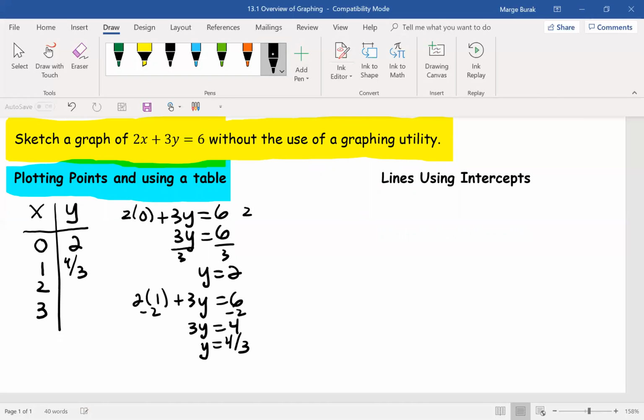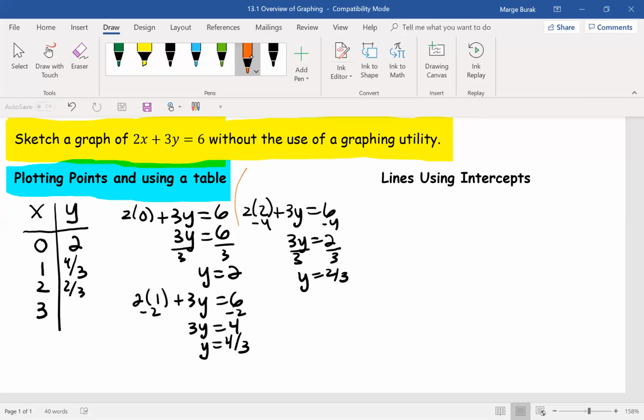Let's try 2. 2 times 2 plus 3y equals 6, minus 4 from both sides, 3y equals, here's another fraction. Okay, I'm not liking this, my favorite. So, well, let me separate these out. Let's try one more. 3.